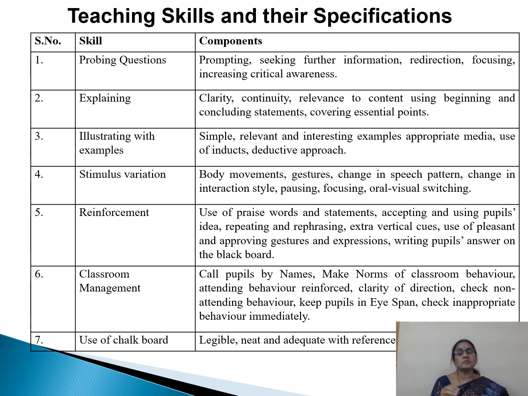All these things will be considered for the skill of explaining. For illustrating with examples, the concept or the illustration should be simple, relevant, interesting, and we should use inductive and deductive approaches also.